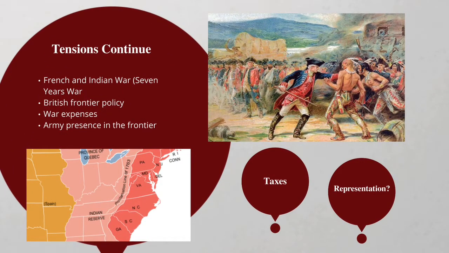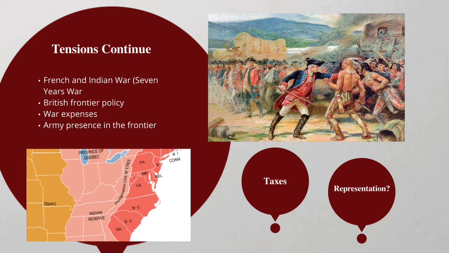Now, the French and Indian War, or sometimes called the Seven Years' War, produced a lot of tension between the British and the Americans. These problems basically stem from 1754 to 1763, and it was essentially a worldwide struggle between France and Britain for territory and power in the New World.